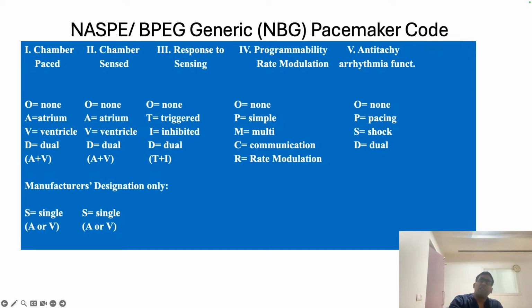We can say there are four important parameters which you may be seeing all the time. The first is the chamber paced, chamber sensed, response to the sensing, and programmability, meaning rate modulation we can do, and anti-tachycardia function.